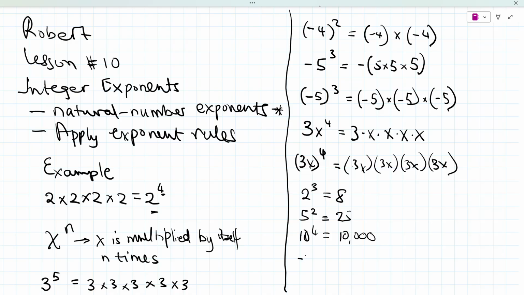And of course, if we had (minus 3) squared, this would be the same as saying minus 3 times minus 3. And two negative numbers multiplied together will give us a positive number, and this will be positive 9.